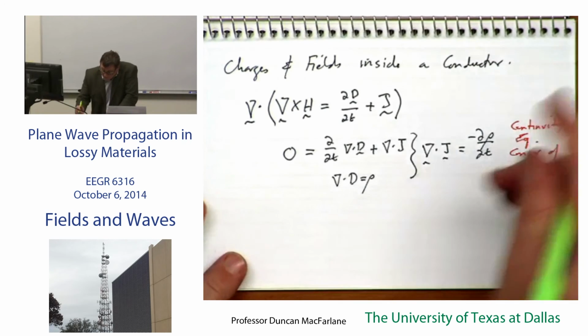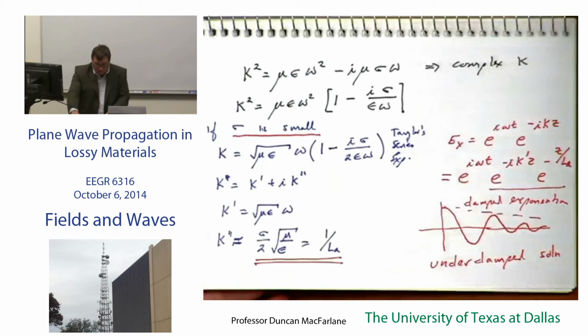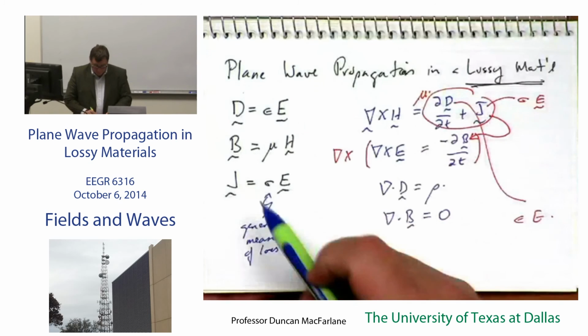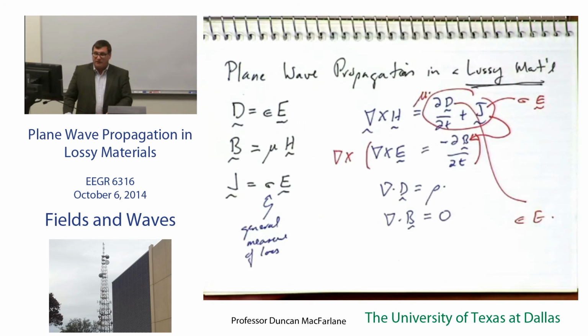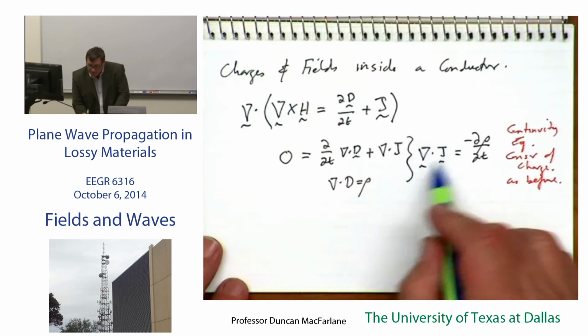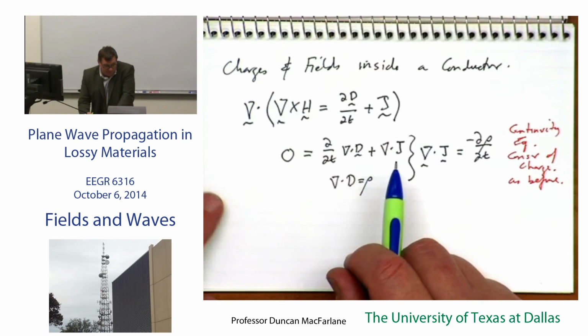But now let's try our other constitutive relationship. J is equal to sigma times E. Okay? So let's keep working on this guy here and put J is equal to sigma times E in there.